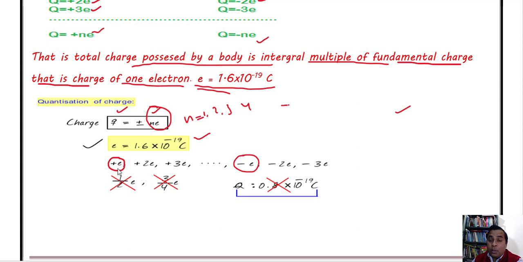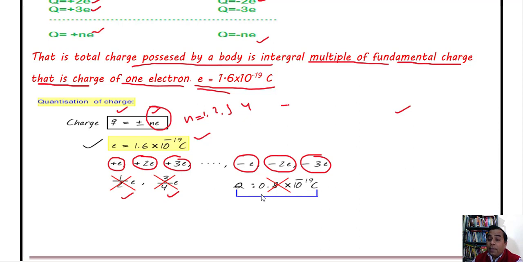One body will obtain positive, the next body will obtain negative. If the first body is losing 2 electrons, then the second body will gain 2 electrons. If the first body is losing 3 electrons, then the second body will gain 3 electrons. But half of an electron cannot be transferred, 3/4 of an electron cannot be transferred.